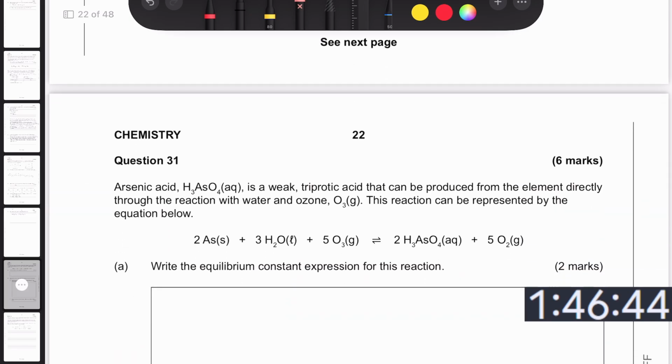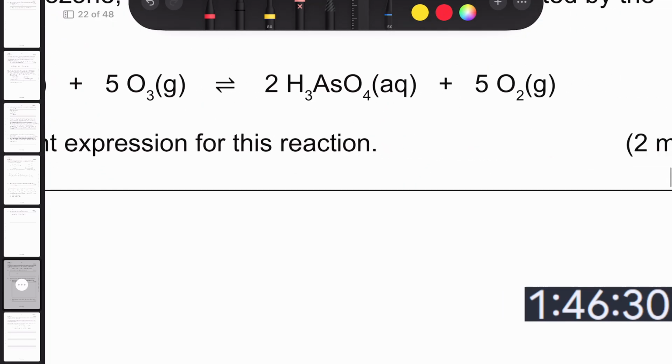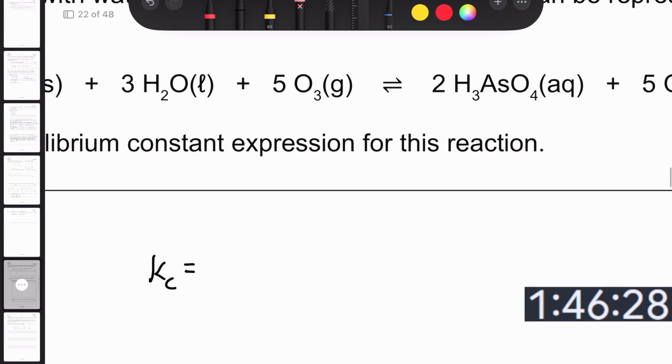22. Arsenic acid is a weak triprotic acid that can be produced from the element directly through a reaction of water and ozone. This reaction can be represented by the equilibrium constant Kc. See our products, they are both either aqueous or a gas, so we can write them both.